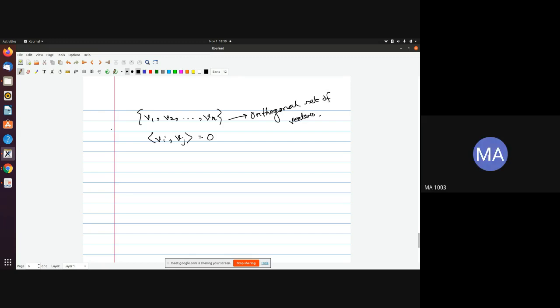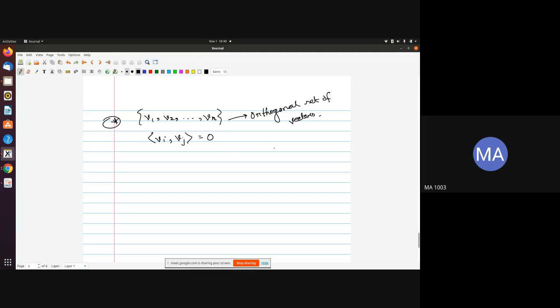Now, before going to projection, the first question which comes here: if I have an orthogonal set, is it linearly independent? Yes. You are correct, it will be linearly independent. But my question is why? We should know why.